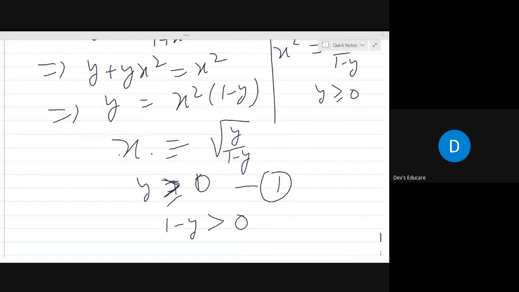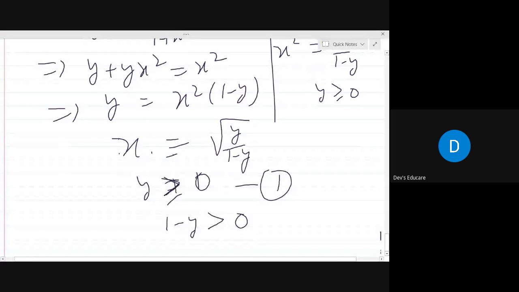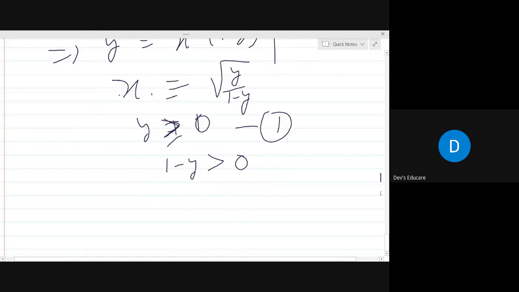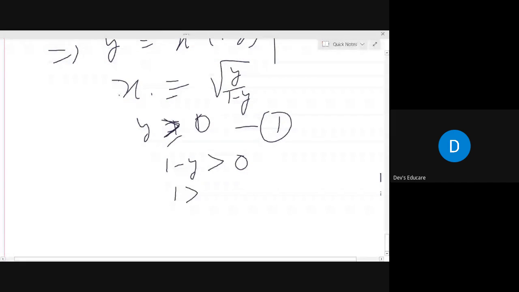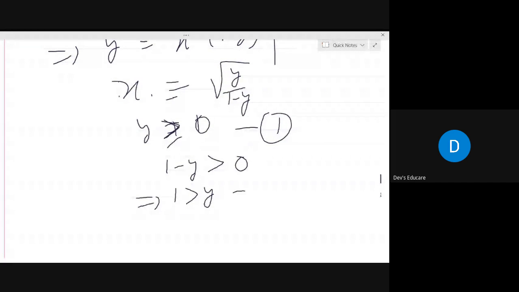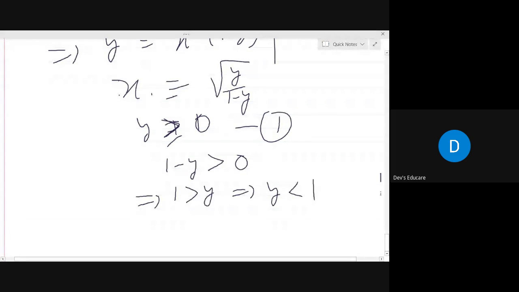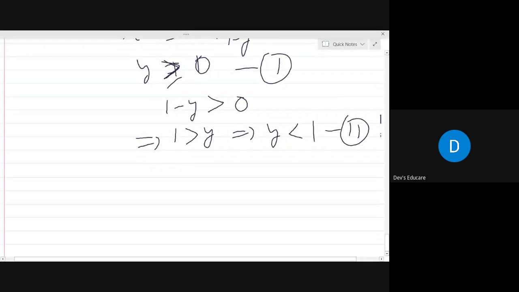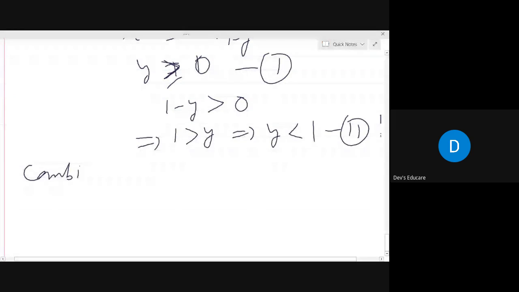So 1 − y > 0 means 1 > y, which implies y < 1.